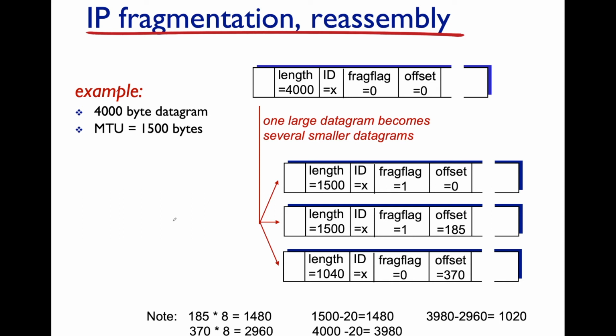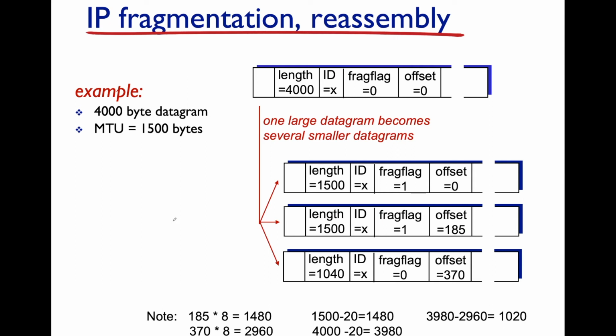If we take 2960, which was the first 1,480 plus the second 1,480, and we look at that as bytes, that's 370. And so we start this third fragment at byte offset 370. All right. So this length is 1040, and we said we had 1040 left worth of data, and we started at offset 370 in bytes.